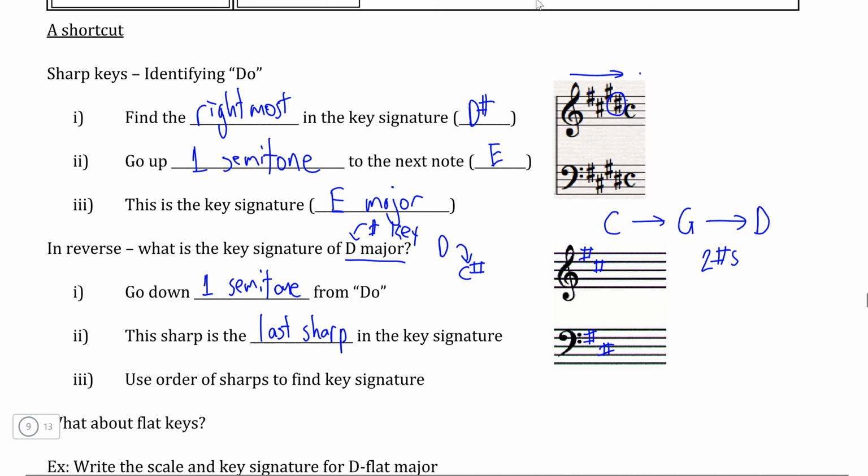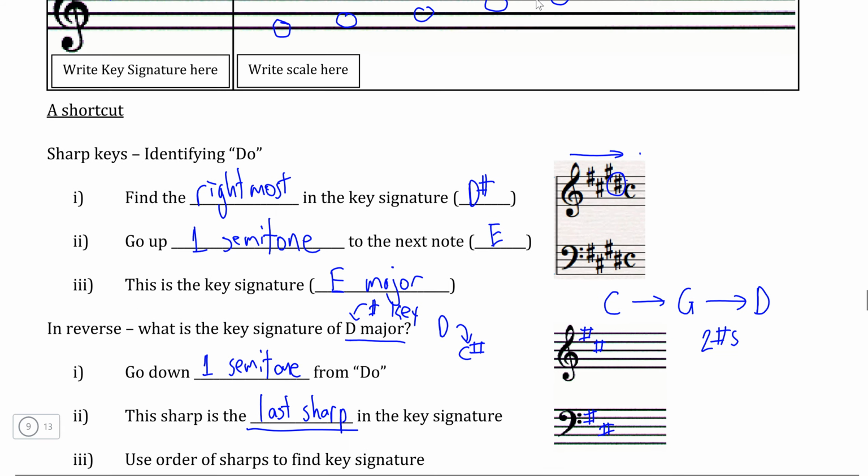Since going down a semitone from D to C sharp reveals that C sharp is the last sharp in the key signature, we can see that both methods confirm how to find the number of sharps in D major just like this.